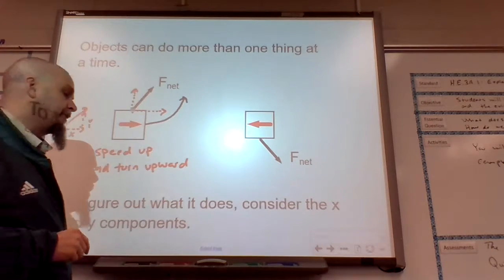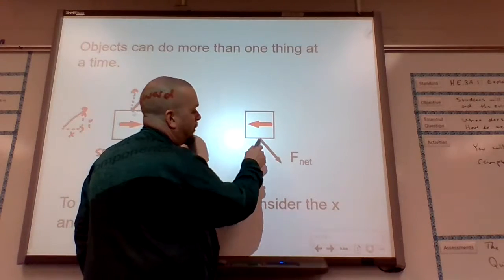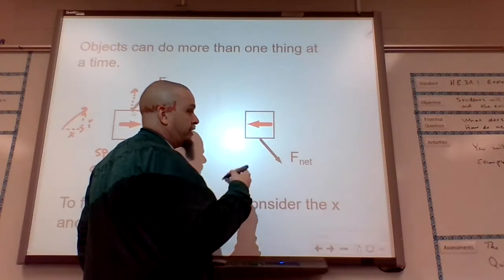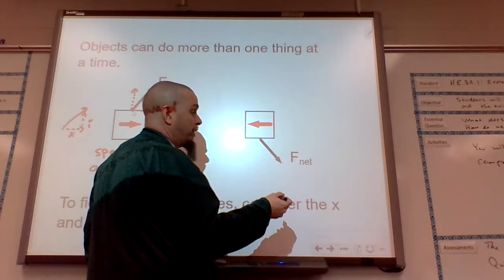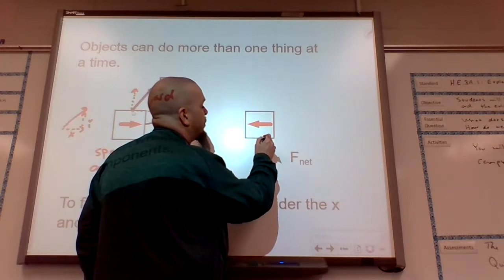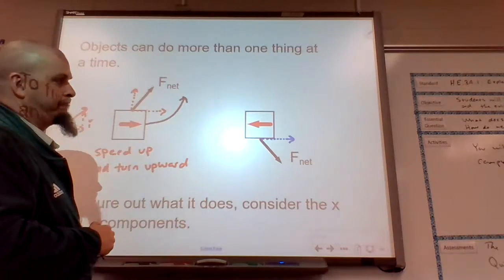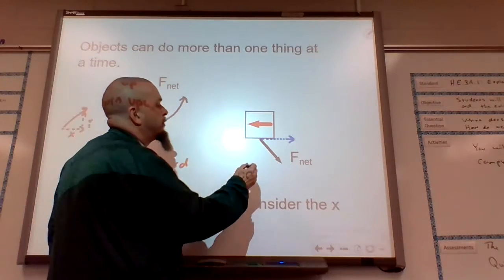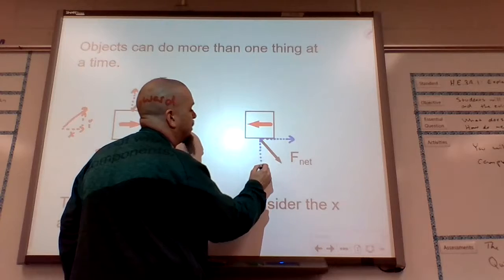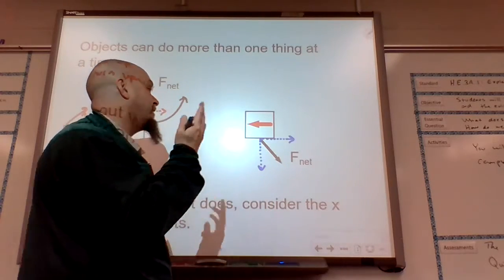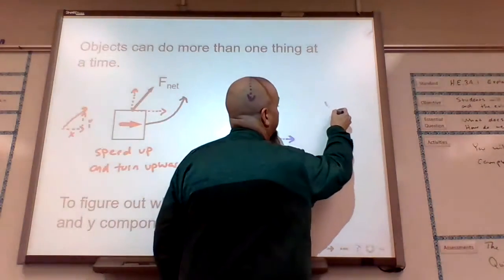Same thing is going to happen over here. We have a vector that's going in this direction. And again, we recognize that this is broken down into two separate parts. There will be a certain part of this force that goes in that direction, and there will be a certain part of this force that goes in that direction. And again, it comes from the net force stuff we did.